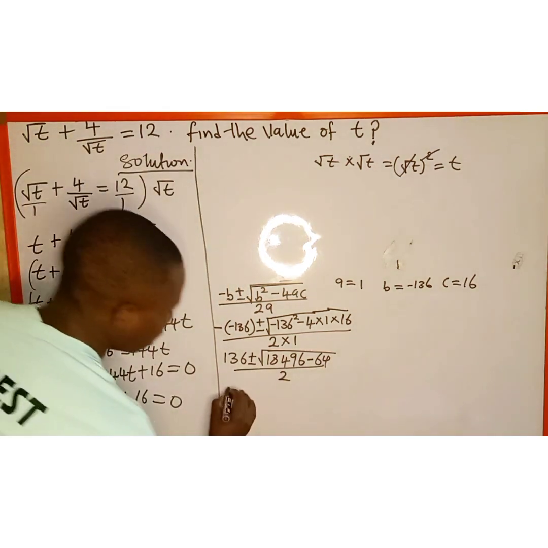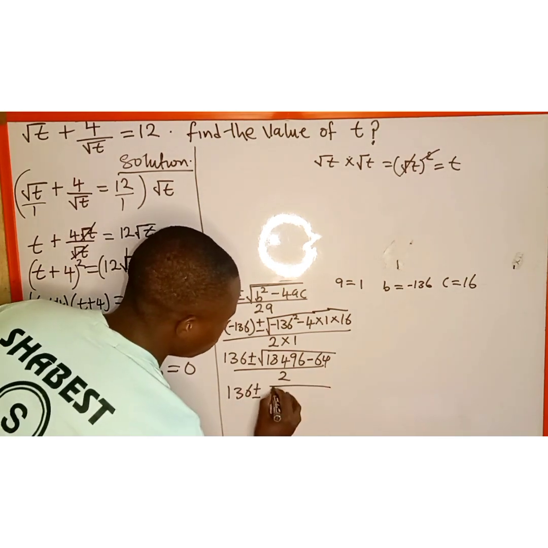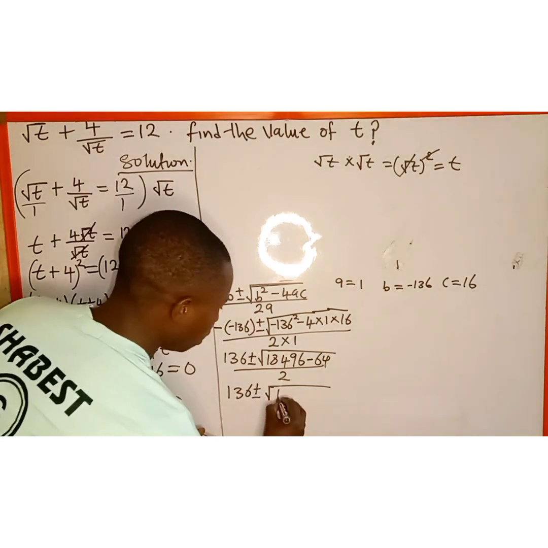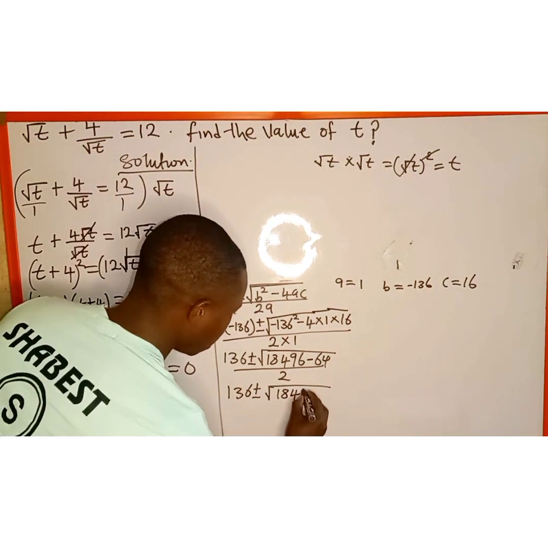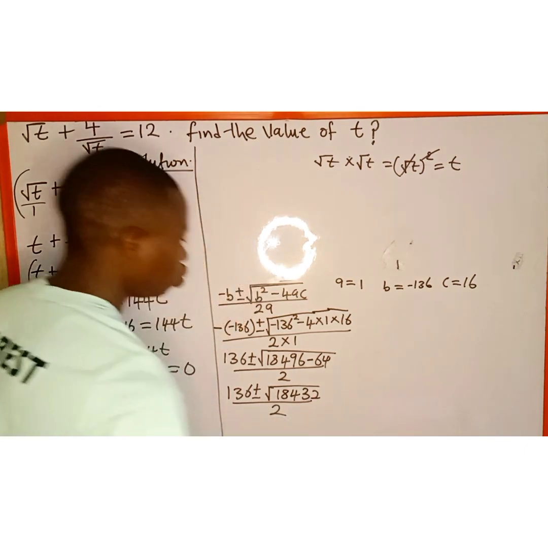So let us go further and simplify this. We have 136 plus or minus, we open our square root, 18,496 minus 64. It will give me 18,432. So everything will be over 2.